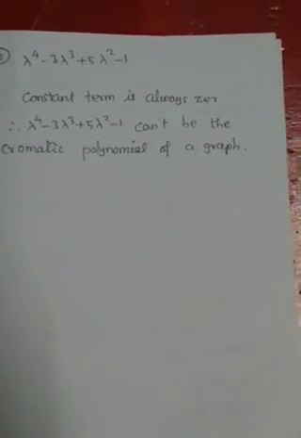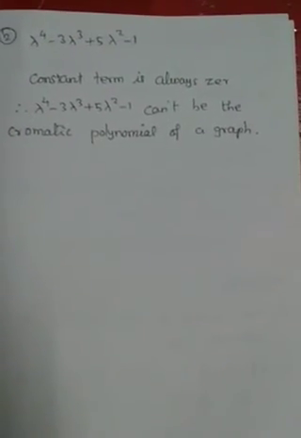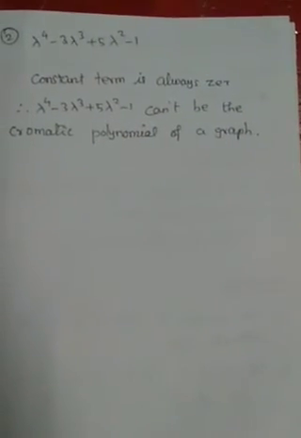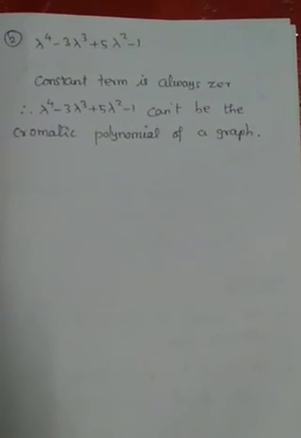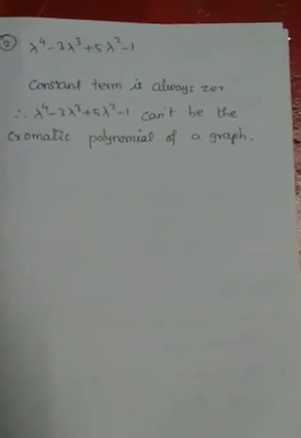We have the properties: in a chromatic polynomial the coefficients are in alternate sign, and the constant term is always 0. We want to check whether all the properties are satisfied. The coefficients are not in alternate sign, and the constant term is non-zero, so it cannot be a chromatic polynomial of a graph. Okay, thank you.